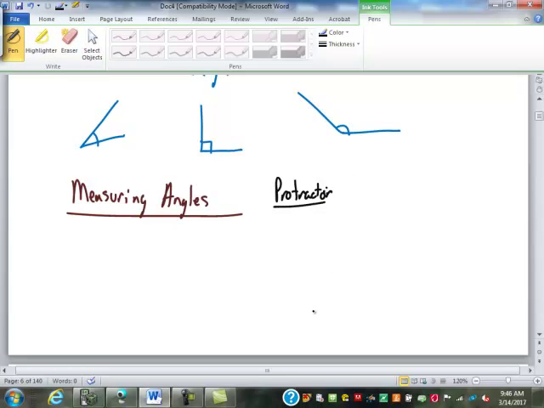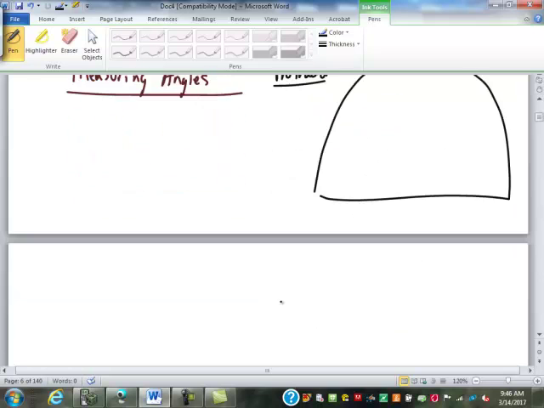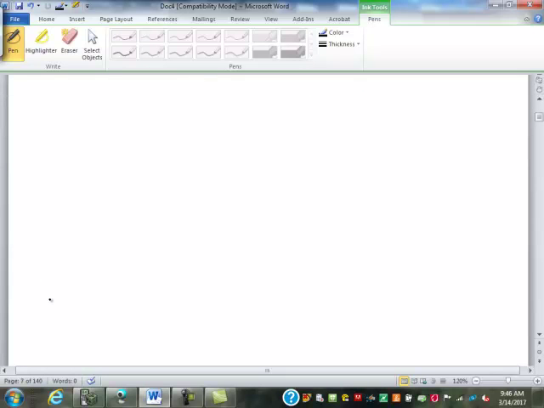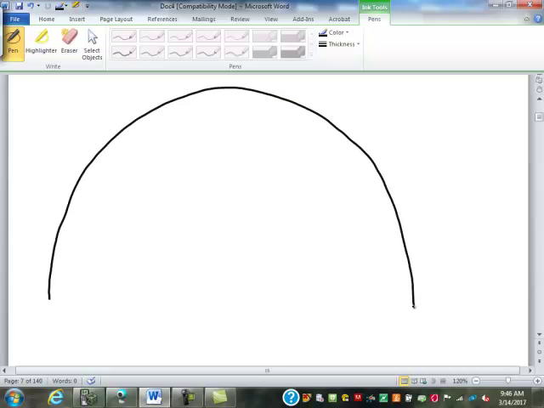Well, a protractor is just a half circle looking thing. Pretend that looks like a half circle. Well, we'll try it again down here. We'll pretend I didn't totally butcher that. Which it isn't horrible.